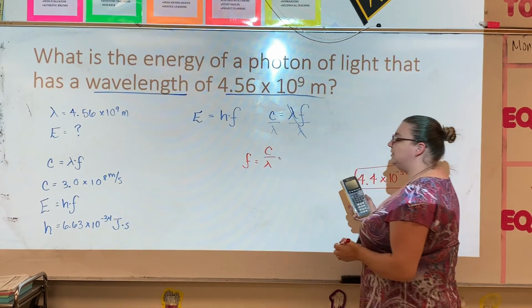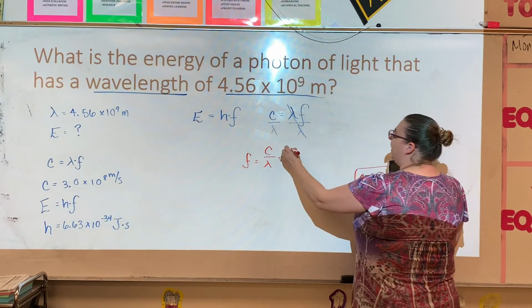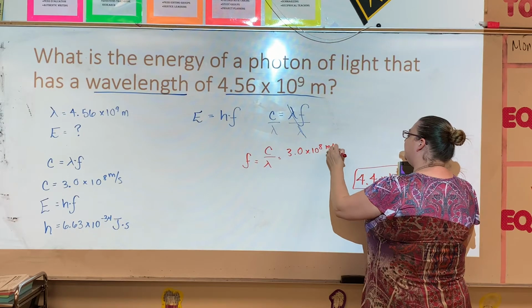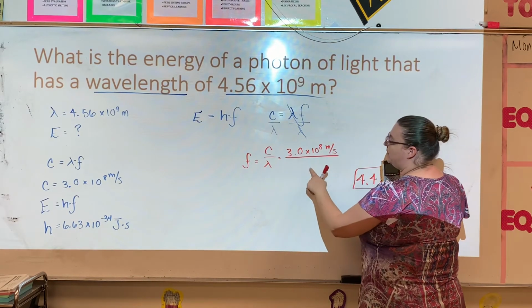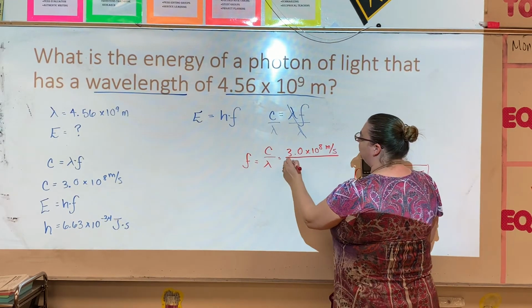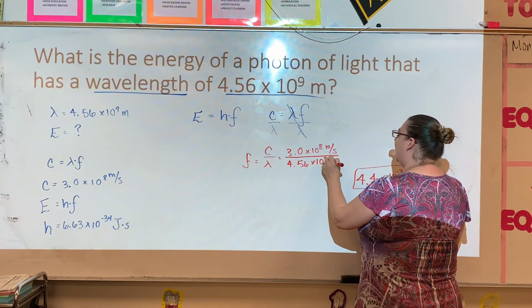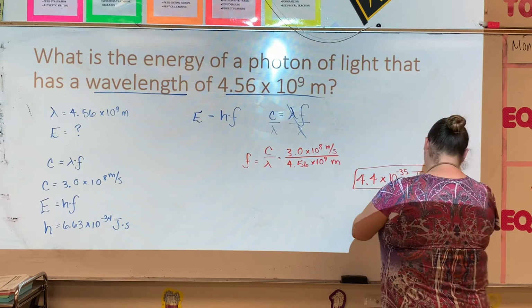Let's go ahead and substitute in those values. 3.0 times 10 to the 8th meters per second divided by our wavelength, which was 4.56 times 10 to the 9th meters.